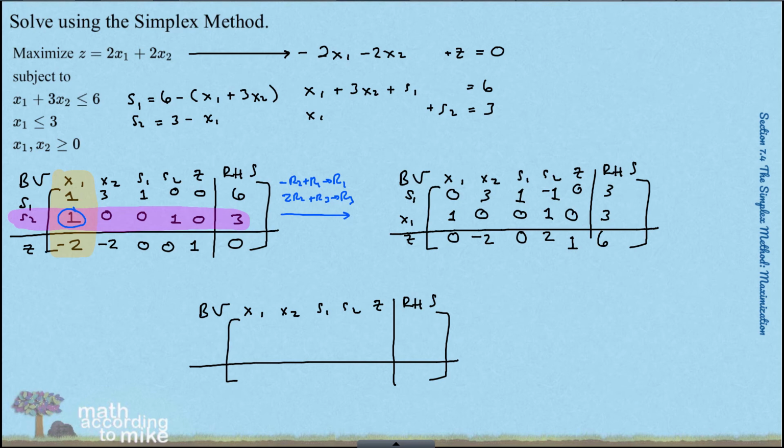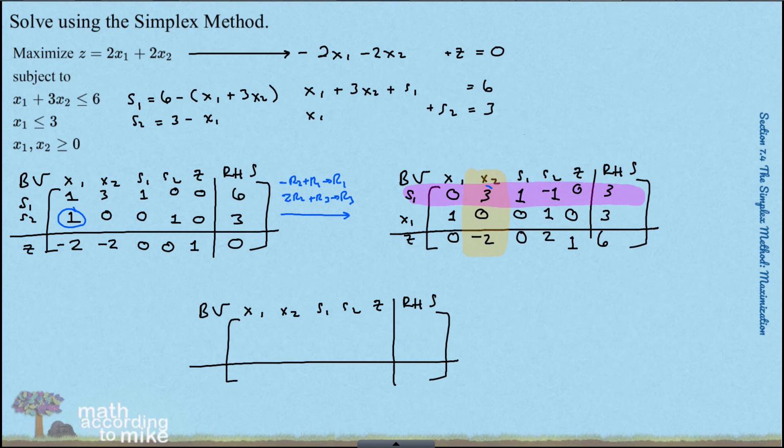Since we still have negatives in the objective function row, we repeat the process. So we take the most negative number in the objective function row, which is -2 yet again. And we take the positive entries of the pivot column and divide them into the right-hand side. Well, we only have one positive entry, namely that 3. Remember, 0 is not positive, so it can't be that 0.